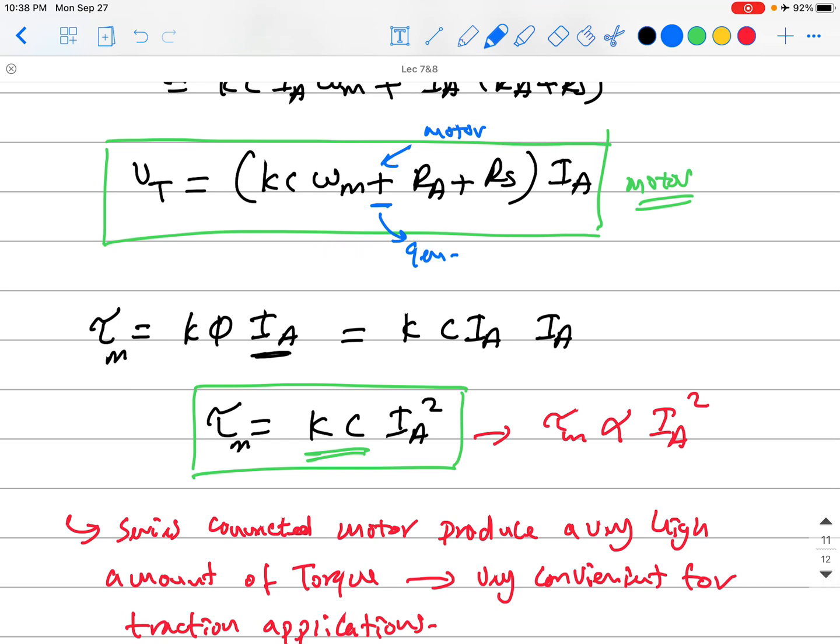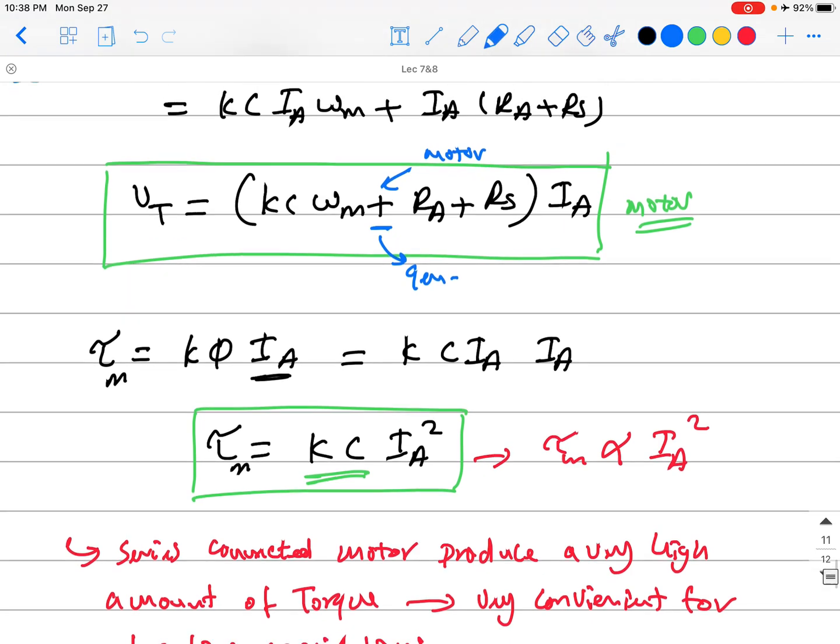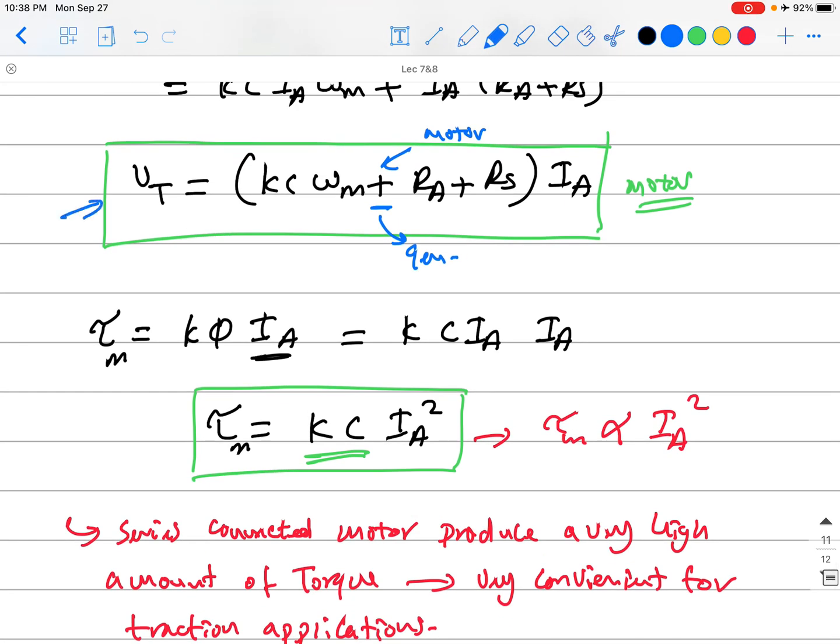Okay, guys? So, doing the same idea, if you go to these two equations, Vt and torque, and you find Ia in terms of the torque and substitute it in the equation for Ia, you will get the torque speed characteristics.